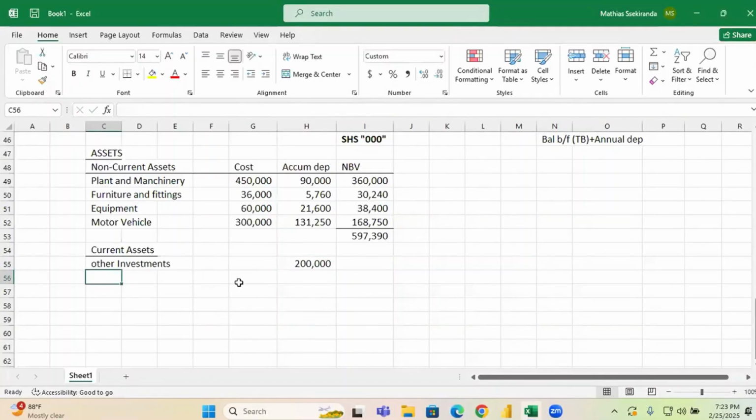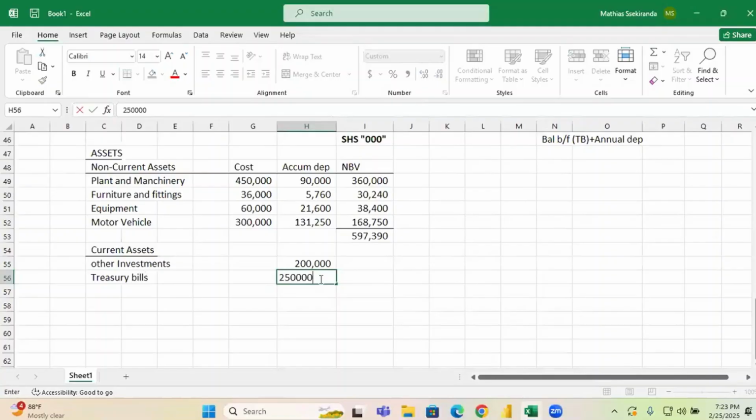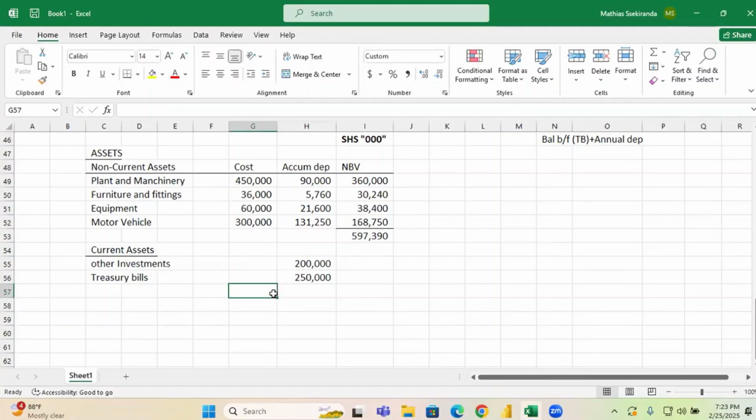We have treasury bills. These are normally current assets because some of them are 3 months, some are 180 days, depending, but normally they don't exceed a year. So treasury bills, 250,000. Okay, we are on current assets.